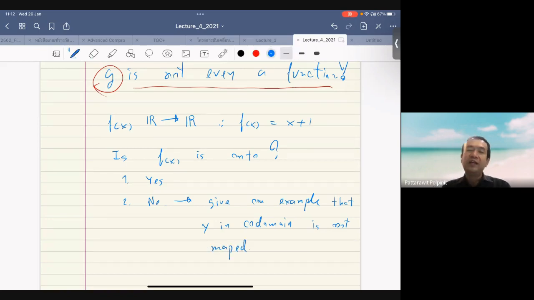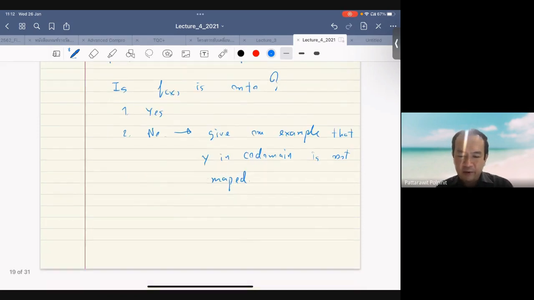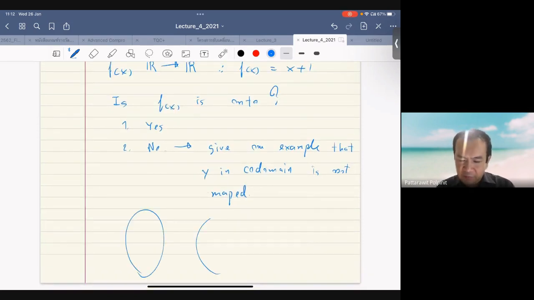So you just have to find one element or member in your codomain that is not used or not mapped. For example, if you can draw a diagram, with A, B, C, D and 1, 2, 3, 4, and then you have these links.